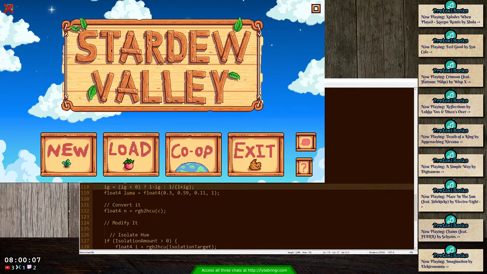Oh, yeah. You can see the isolation amount does change things a bit. It was pretty subtle to begin with, but when you have 100 and then you got 0, it is pretty significant.